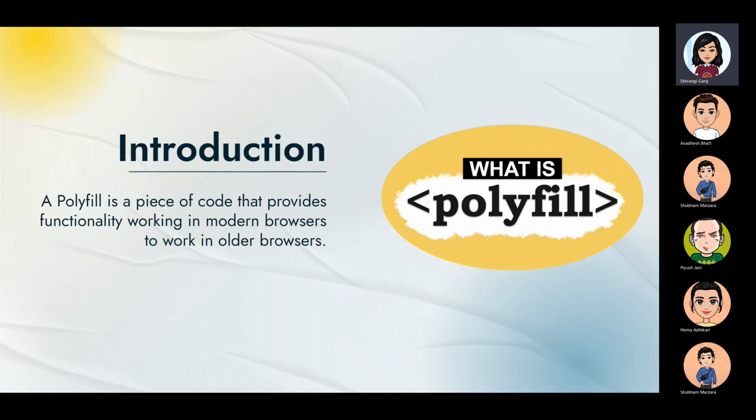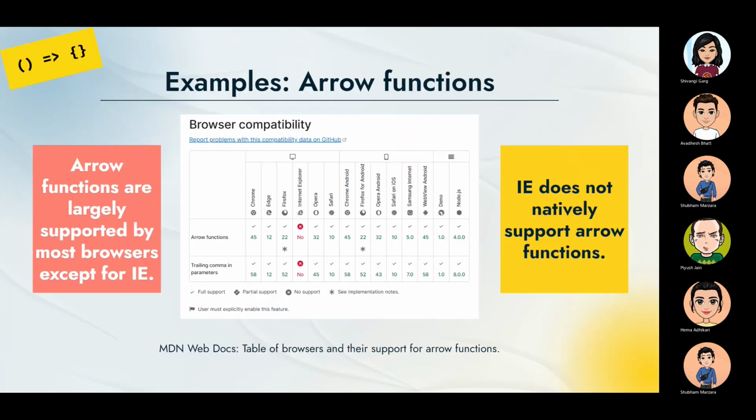A polyfill is a piece of code that provides functionality working in modern browsers to work in older browsers. As we all know, JavaScript is evolving very quickly. After ES6, it introduced many features which were not compatible with some older browsers. For example, arrow functions.